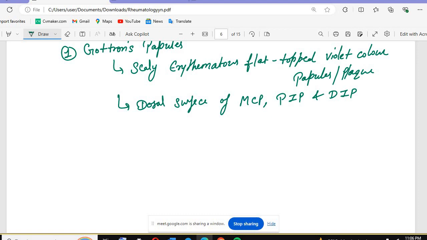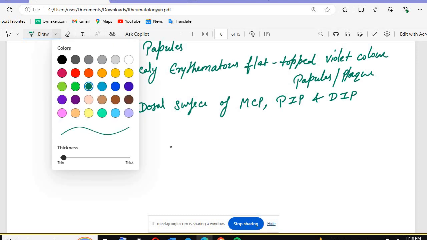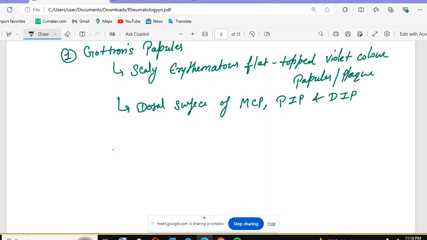Now if you want to see the Gottron's papules, let's come back here. I hope you are able to see the image. After that, the second one we would be having is the heliotrope rash.